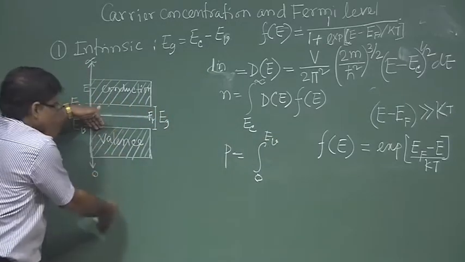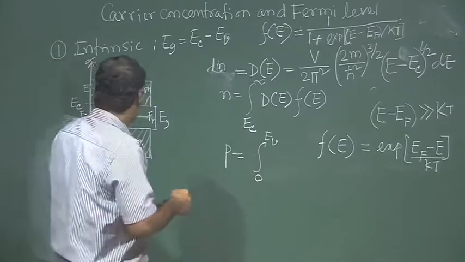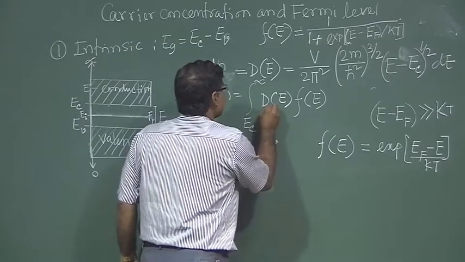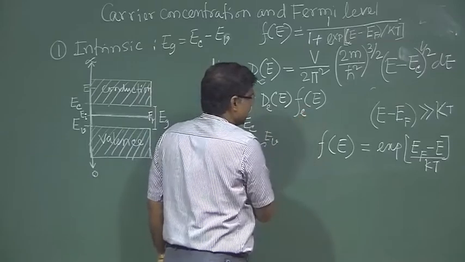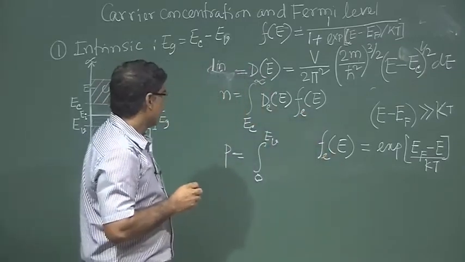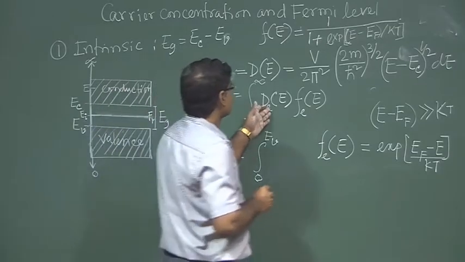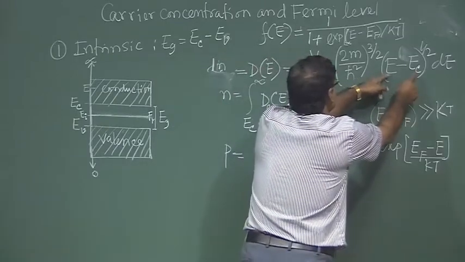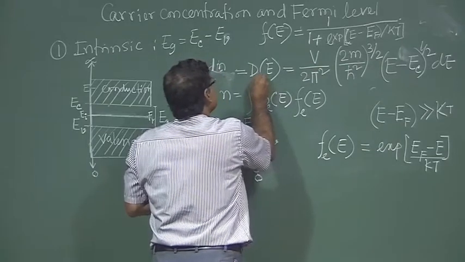So, in the valence band, we need the number of holes, or density of states. In that case, I will put here E for electron density. This is for E, right. For the density of states, here we have written E minus EC, so that is for E.